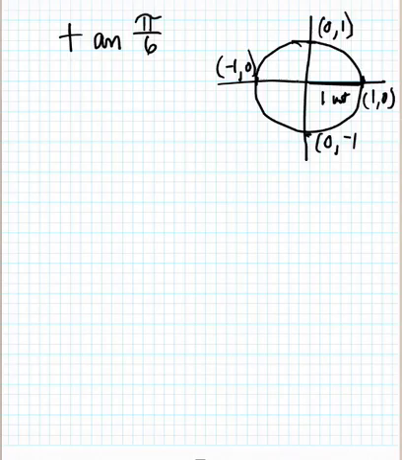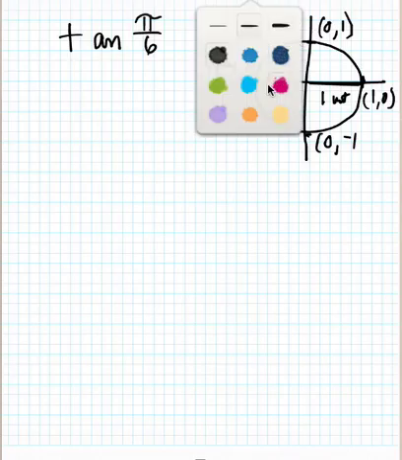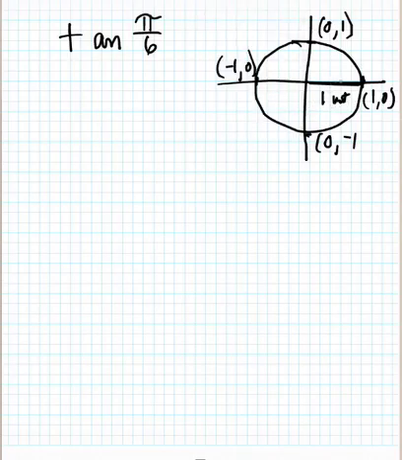Pi over 6 is 0.52, about half of that length. So it's going to be about this triangle right here.